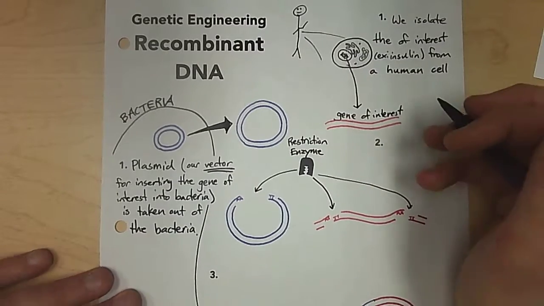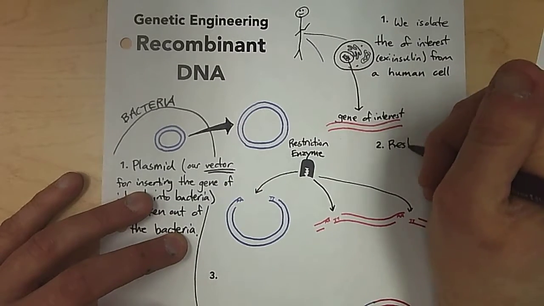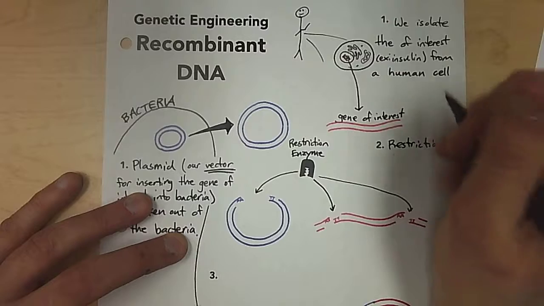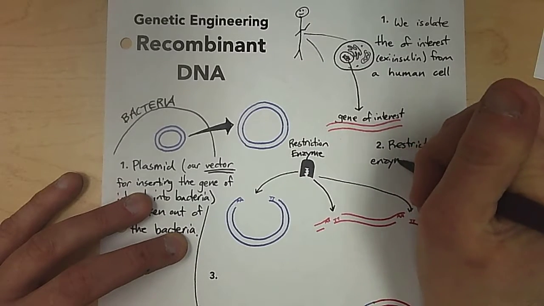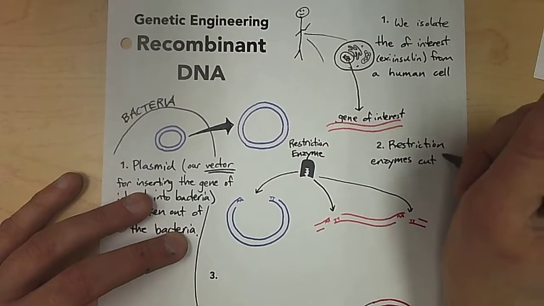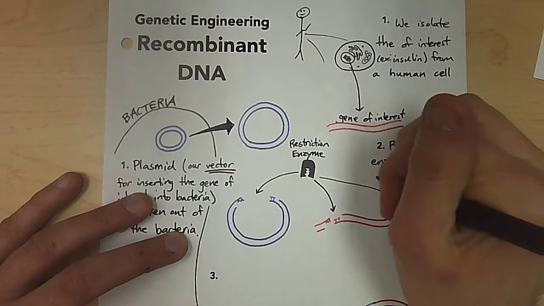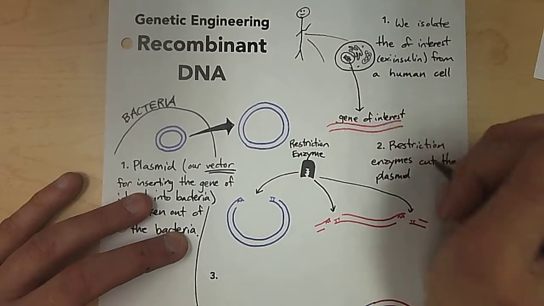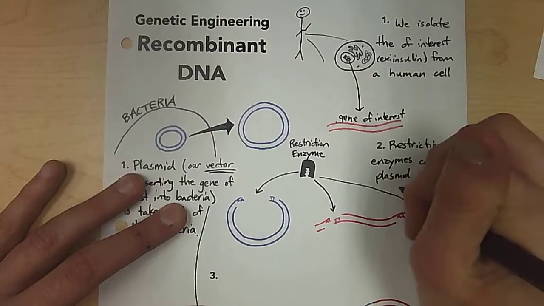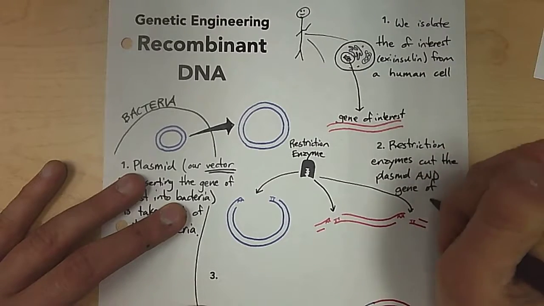So we'll summarize that right here. Restriction enzymes cut the plasmid and gene of interest.